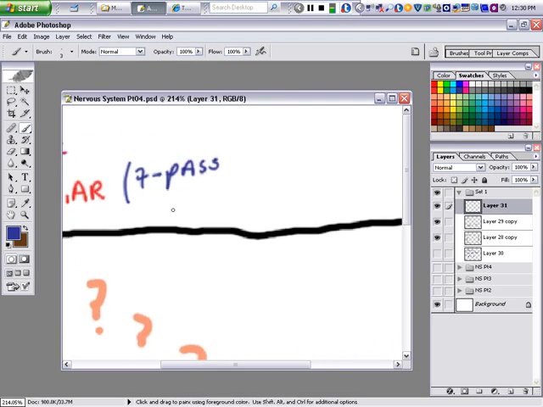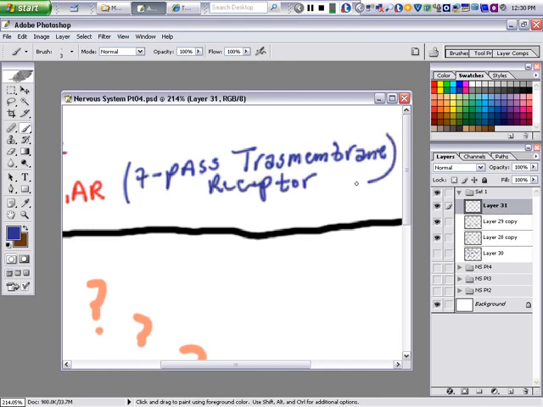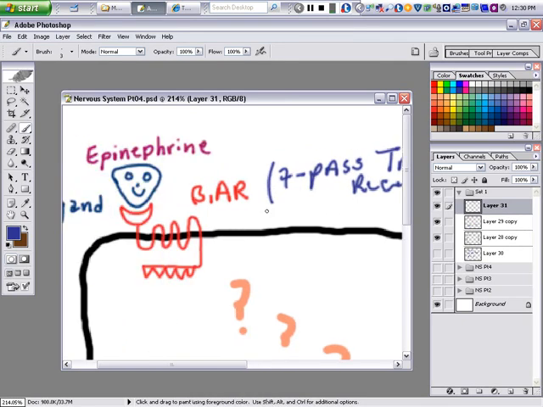A 7-pass transmembrane receptor. And all of our adrenergic receptors are 7-pass transmembrane receptors. They just differ a little, and we won't talk about those differences until after we finish signal transduction.